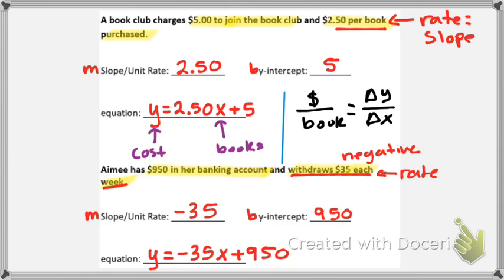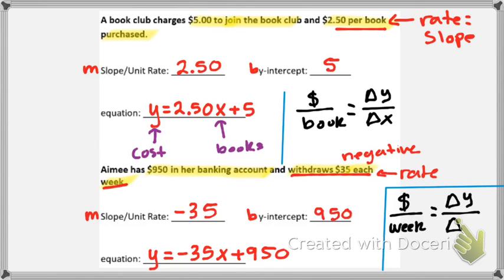Okay. If we go ahead and write our rate, it says money each week, so it will be money per week. Our y is the money and our x is the week. Right, so here we can write it as the y is going to be the money she has in her account, and the x will be the weeks.